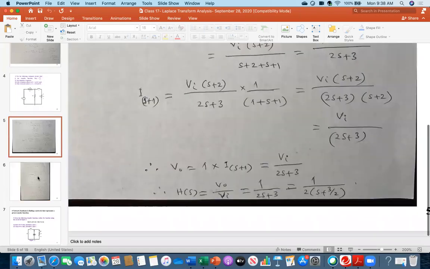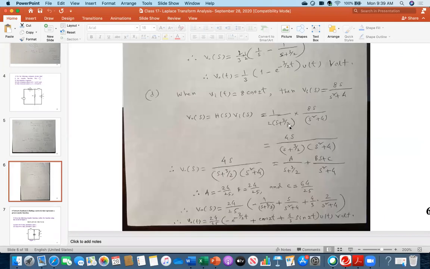So I am substituting those, and then simplifying. But you see the function Vo(s), 4s over (s plus 3/2) multiplied by (s squared plus 4). Therefore, now you have to either apply the cover-up method or the partial fraction. So I am applying the partial fraction.